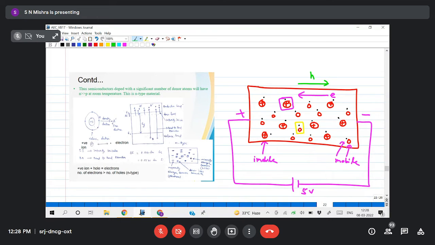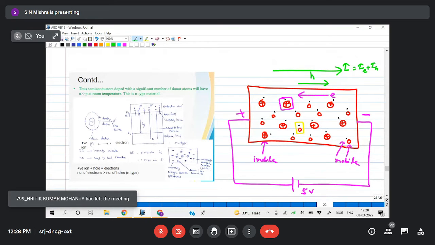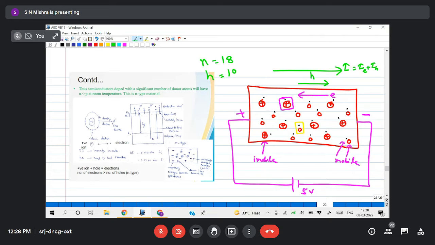So I'll get a current whose direction is this, and this constitutes electron current plus hole current. Yes or no? Yes, sir. Now number of electrons is 18 and number of holes are 10. Whose current will increase? Because electrons will give IE and holes will give IH. So definitely IE must be greater than IH, or not?